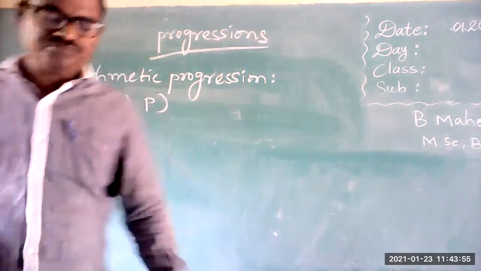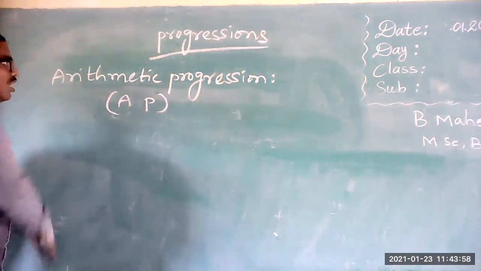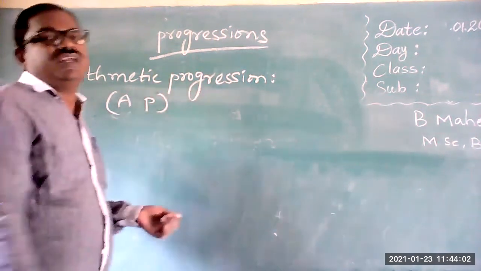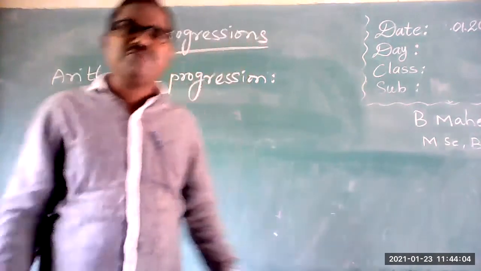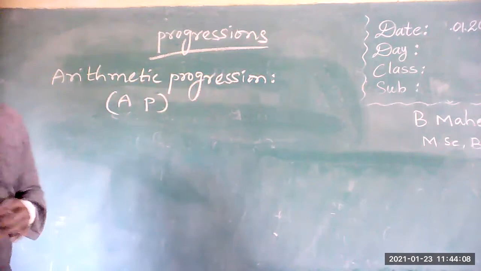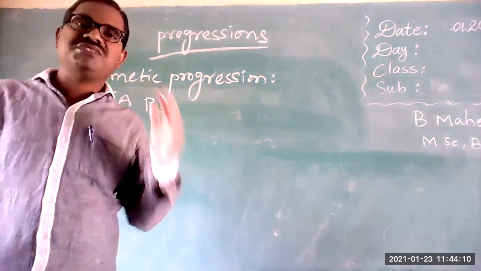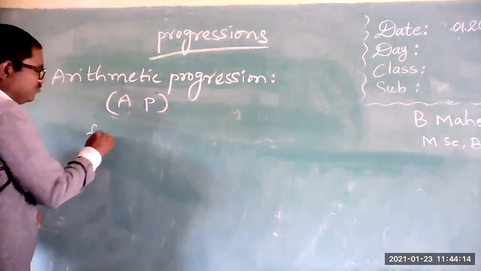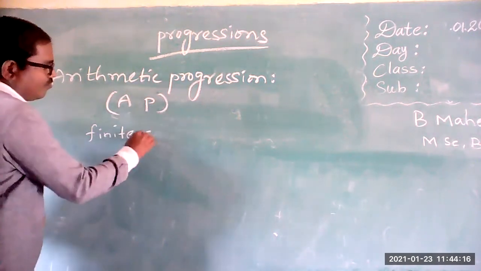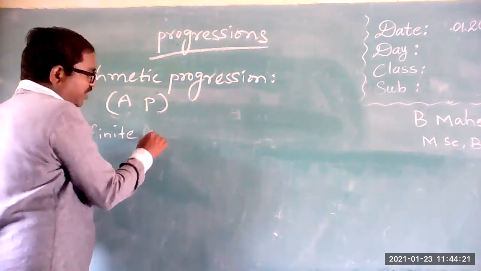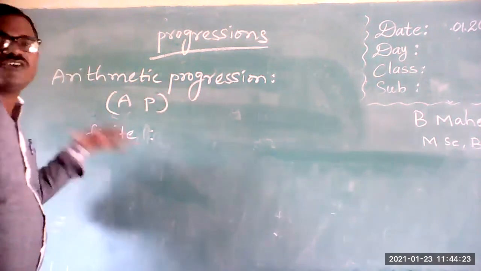Now, the types of arithmetic progressions. How many types? In an arithmetic progression, if the number of terms is finite, then it is a finite progression. Finite means the number of terms is countable.